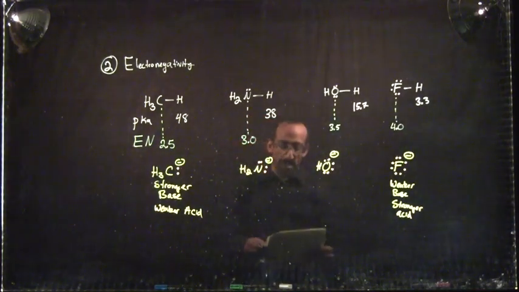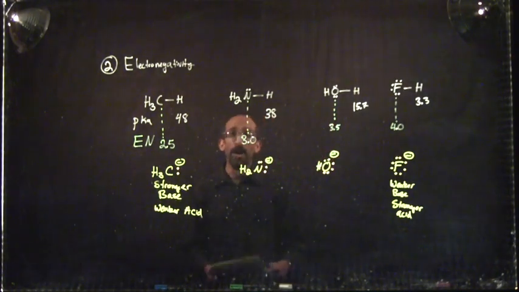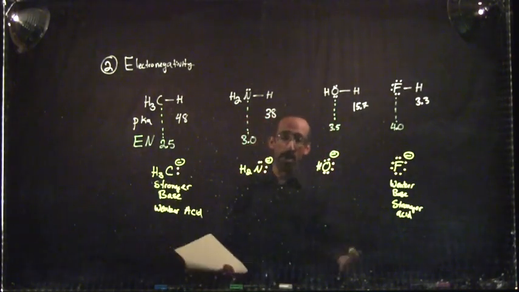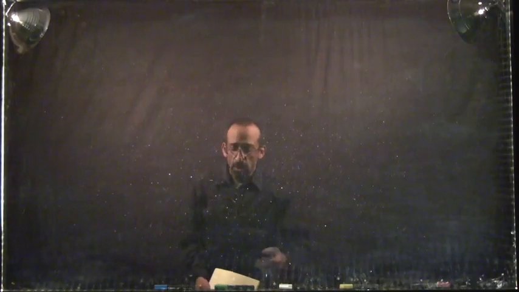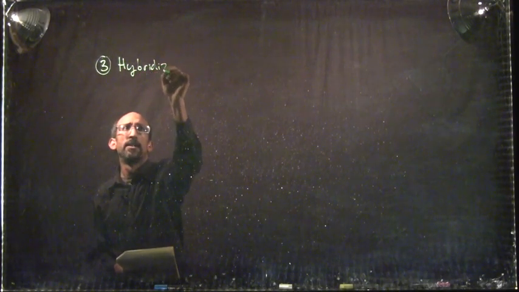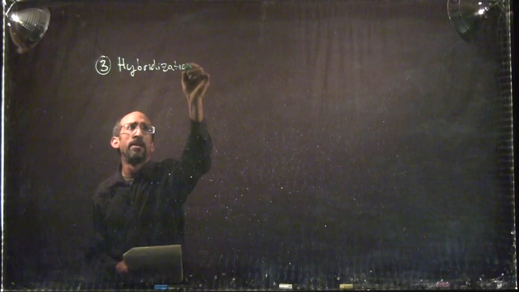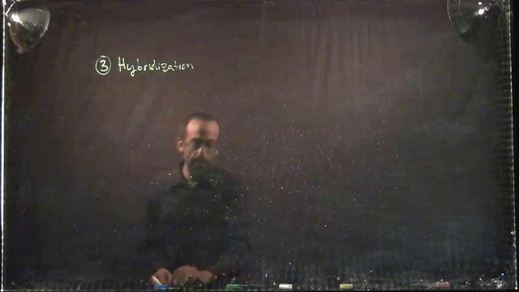Okay, the next factor we're going to take a look at is going to be hybridization of the atom that's bonded to the acidic proton. So for hybridization, factor 3, we can only really make this comparison among similar types of atoms.